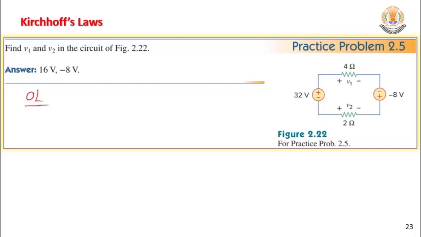So to apply Ohm's law, we can get I. We'll assume I here. So I equals V over R. What should I write?